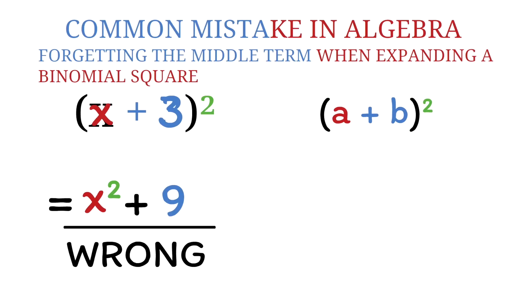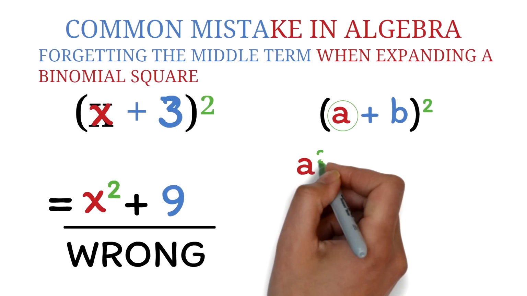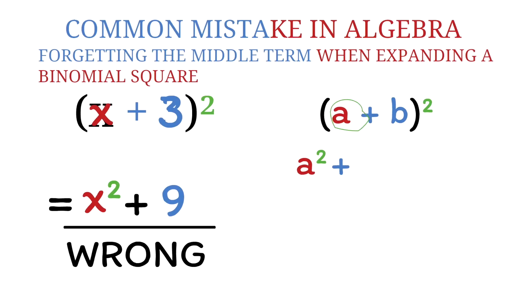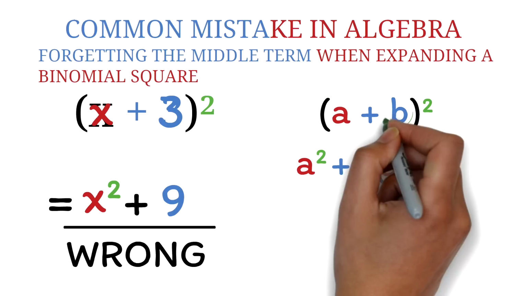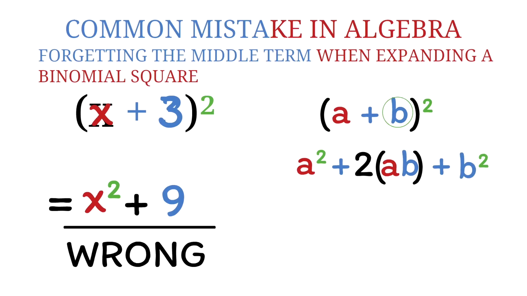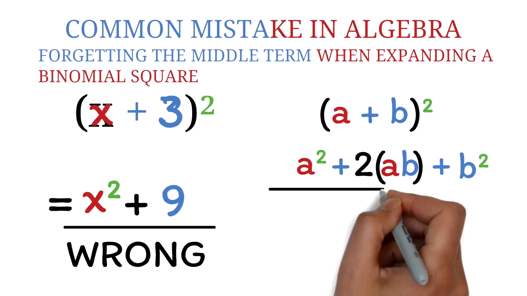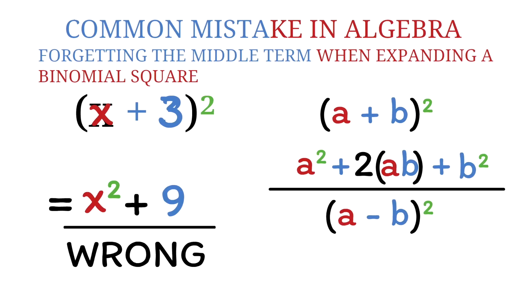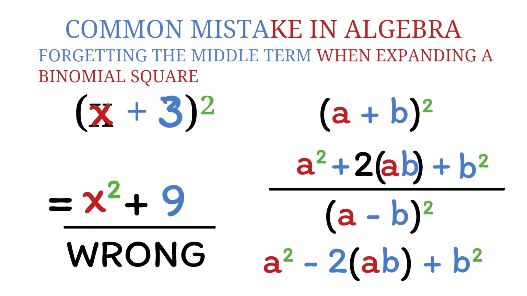So to expand the binomial square, the rule is that you square the first term. Plus, you multiply the first by the second term, then multiply the product by 2. Plus, you square the second term. Note that this rule also works when the binomial square has a minus sign. The only difference is that the middle term becomes negative from multiplying the positive first term by the negative second term.